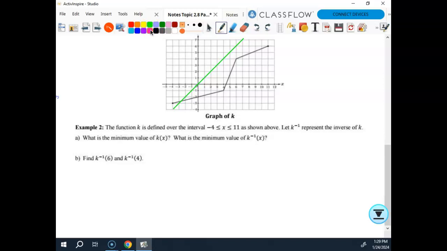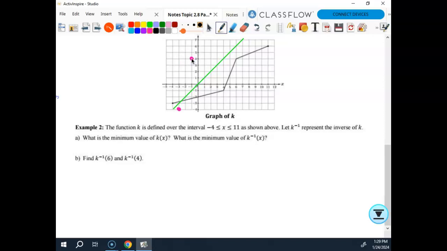And then when we did these yesterday, we made up a chart, and then we made up a new chart, and you can totally do that, but you don't have to. I know that this point here is at negative 4, negative 3, so the inverse will be at negative 3, negative 4. Okay. This point is at 4, negative 1, so the inverse will be at negative 1, 4.